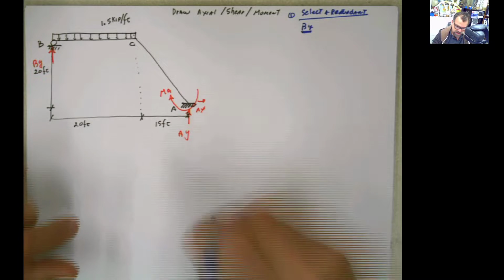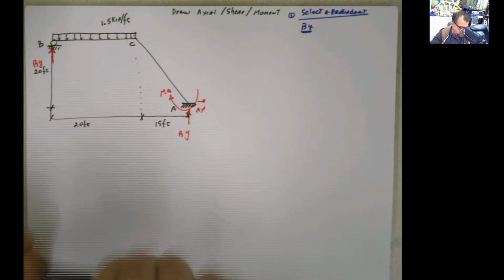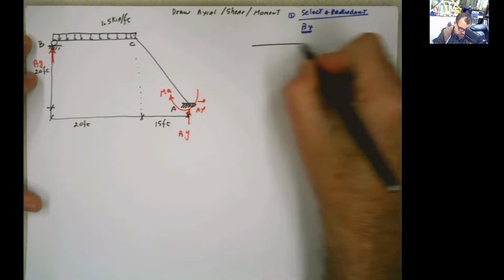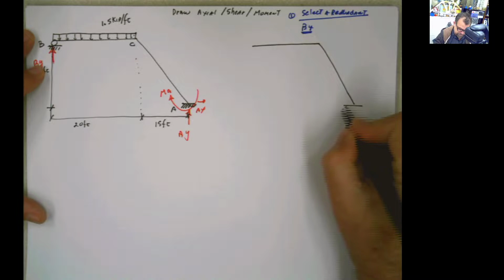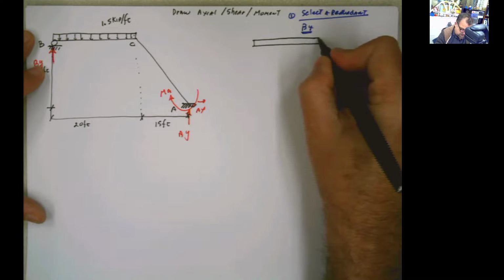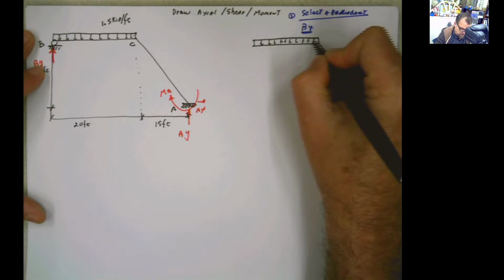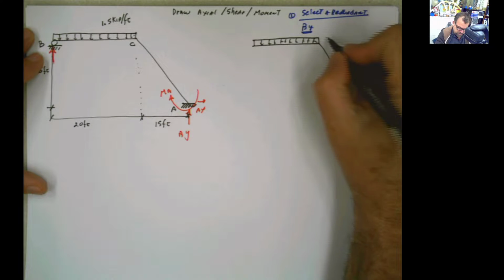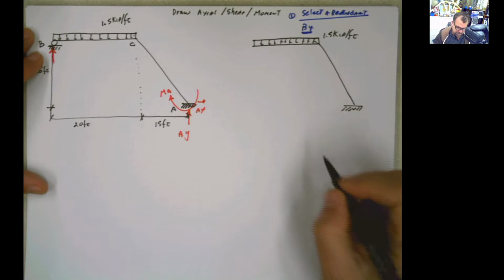And if we do that, then we have to do a new drawing of our primary structure. Our primary structure will be this. Everything is going to be exactly the same as before, except I'm eliminating the support reaction BY. This is what we have.